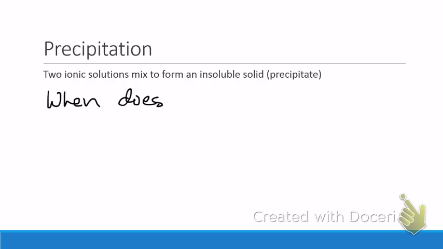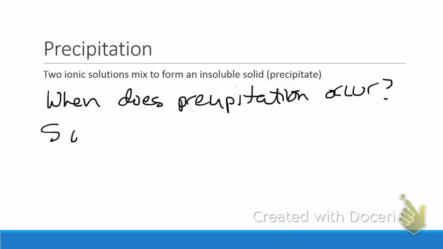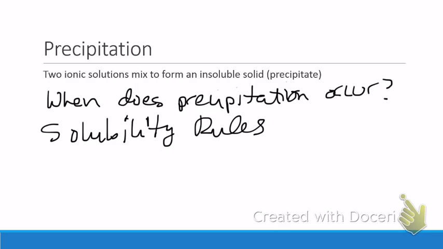When does precipitation occur? There's a couple of ways we can think about this. The first is going to be with solubility rules. We learned some solubility rules last semester, and these will give us a basic idea of when we have two things mixing together that it's possible for them to form a solid. But then we also need to take a look at our reaction quotient.